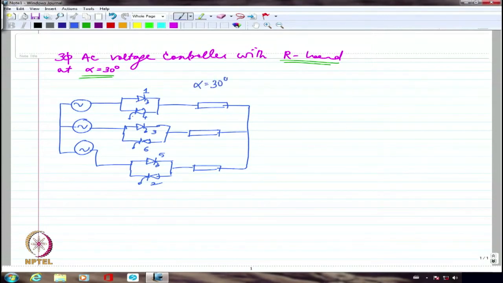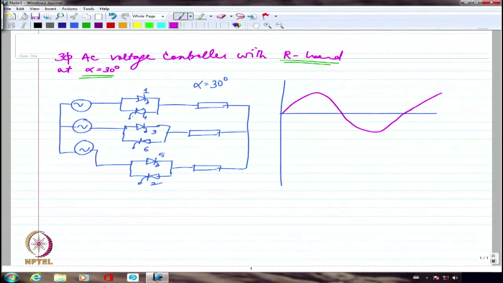So these are the three-phase voltages that I need to draw. This is one of the phase voltages. I am going to have a 60 degree gap, and then let me draw the second phase, which goes along somewhat like this, right?